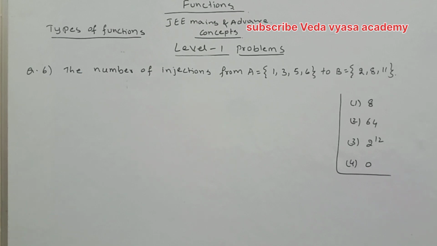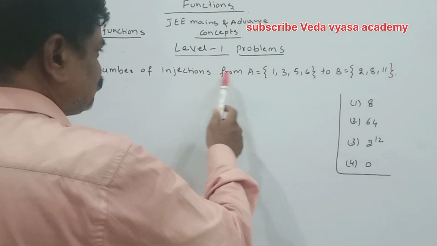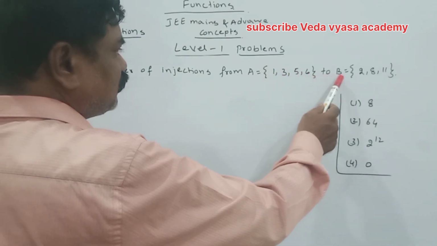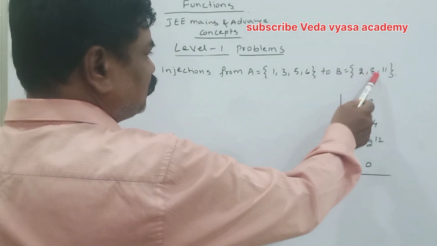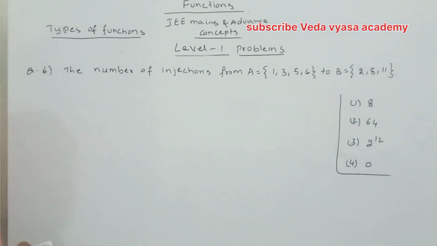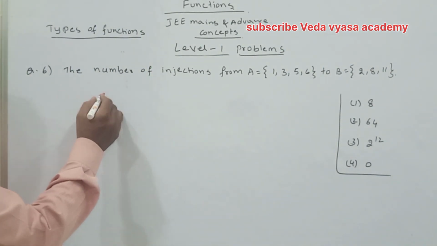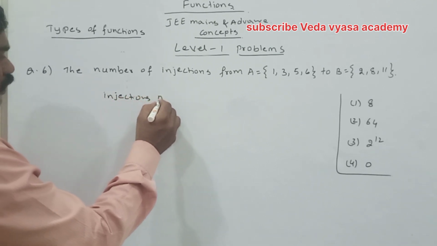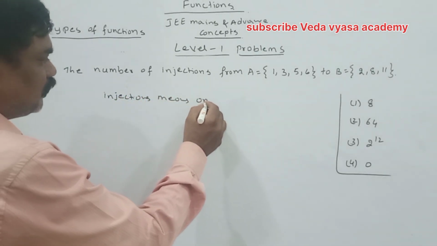We have the problem. The number of injections from set A = {1, 3, 5, 6} to set B = {2, 8, 11}. So injections means what? Injections means one-one function.